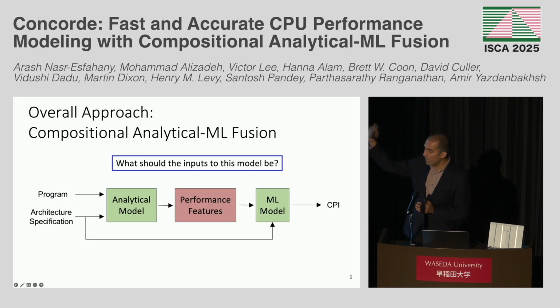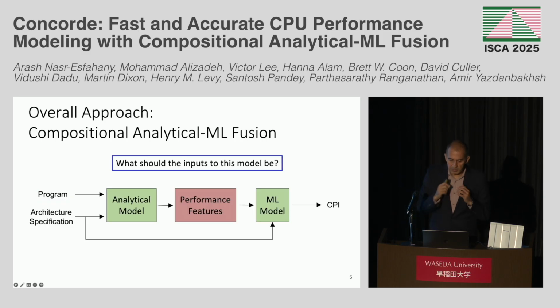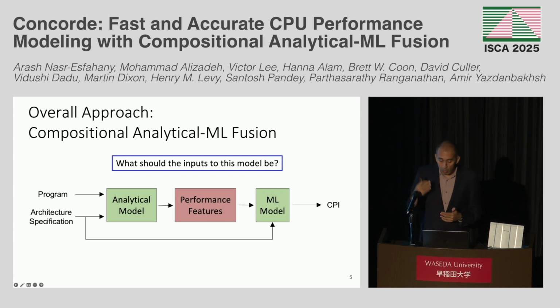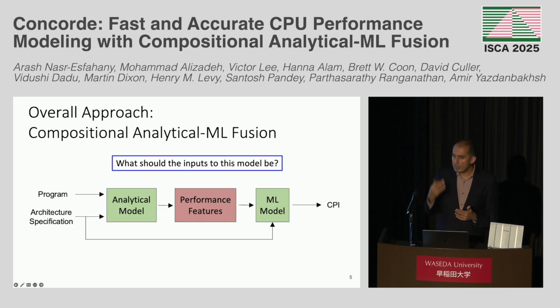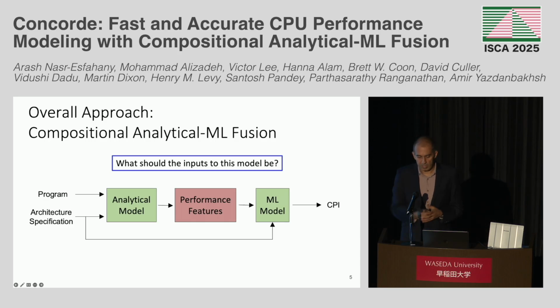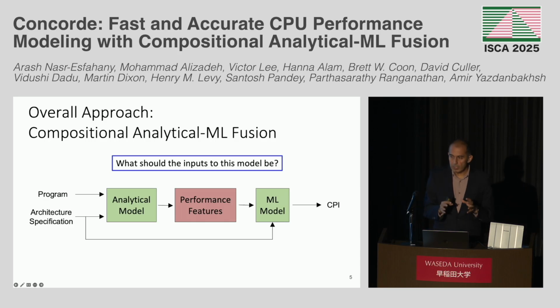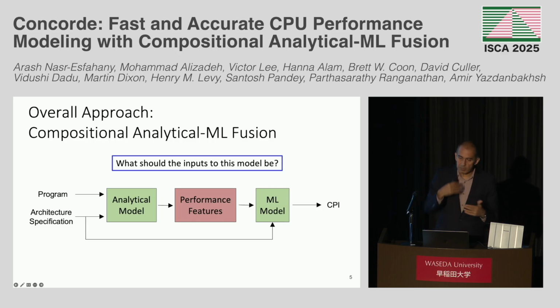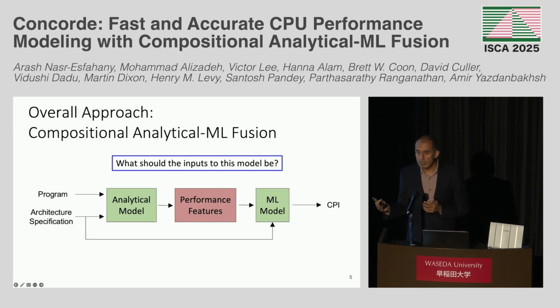Then we have the ML model. The ML model steps in. It doesn't need to operate on raw instructions anymore. It starts with performance features that already correlate relatively strongly with the CPI metric. And its job is to capture higher level interactions and higher order effects, for example, the interactions between multiple bottlenecks and multiple components that the analytical models missed.